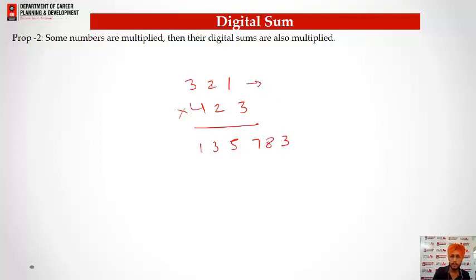Let's check the digital sum of 321: 3 plus 2 is 5, plus 1 is 6. The digital sum of 423 is 4 plus 2 is 6, plus 3 is 9.